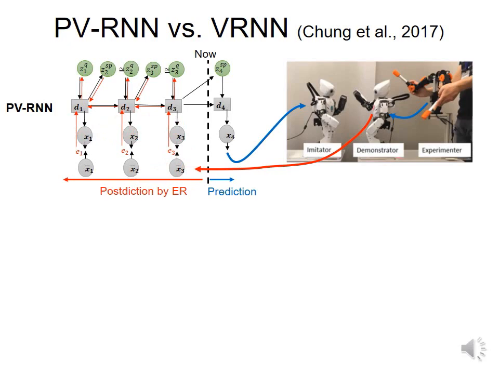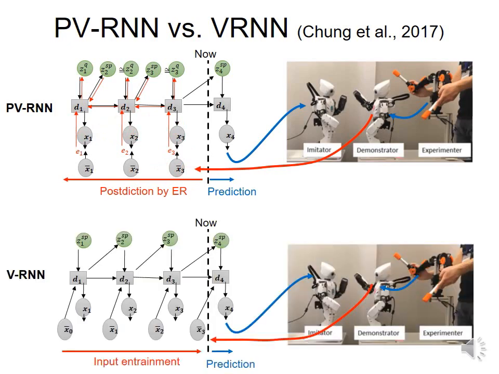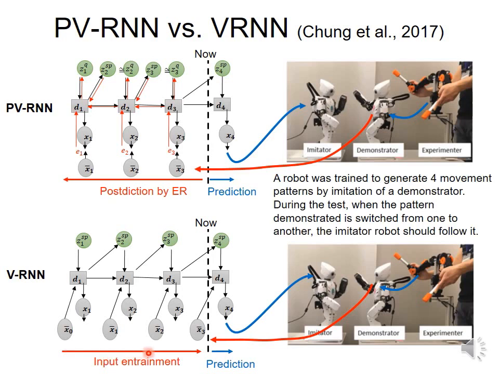But in the case of the VRNN, a much simpler mechanism is used: the input is fed into the network, the latent state is inferred, and then the prediction is made.